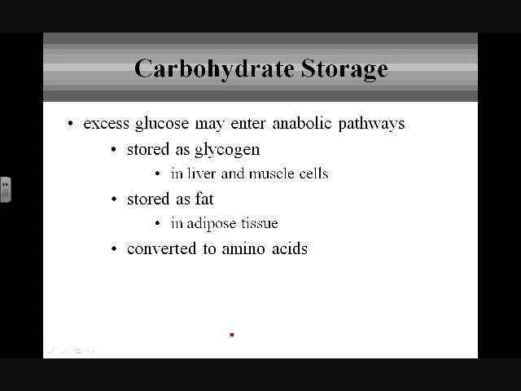So what happens is that after you eat, when your blood glucose is high, right, and you don't need all of the glucose that is in your blood system, the liver stores it as glycogen, stores it as a polysaccharide. So your monosaccharide glucose gets stored as a polysaccharide glycogen. And it's typically stored in the liver and in the muscle cells.